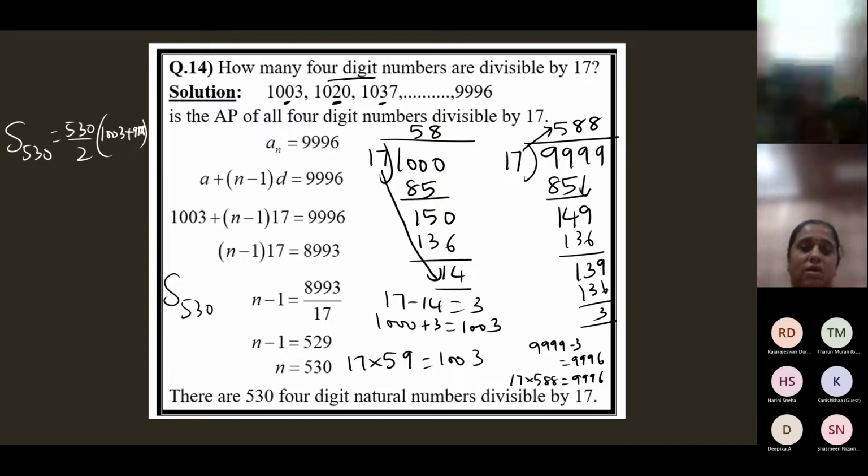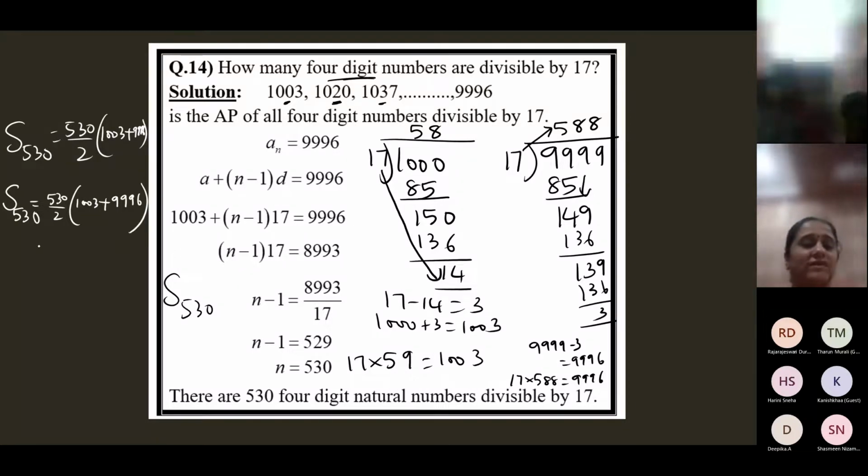If the question is, find the sum of all the 4-digit numbers divisible by 17, you must do the same thing. After finding n, you must find S530 because there are 530 numbers. S530 is equal to n by 2, 530 by 2, of the first term, 1003, plus the last term, 9996. That's all. This is the answer.